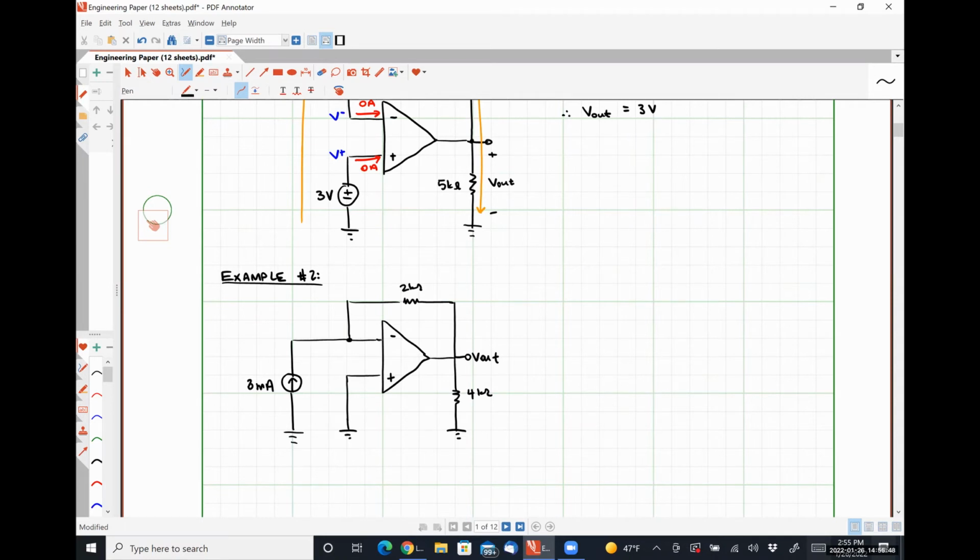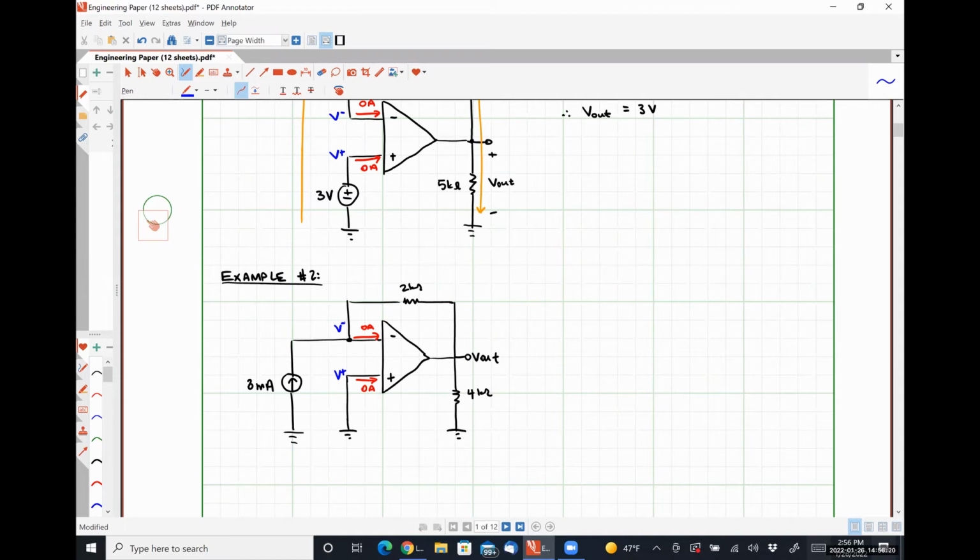So what we're going to do again, we're going to apply op-amp rule 1, be very explicit about the fact that there's no current flowing here or here. So Dylan, what's V plus? 0.